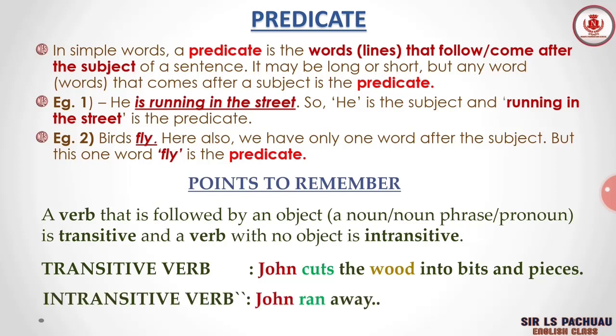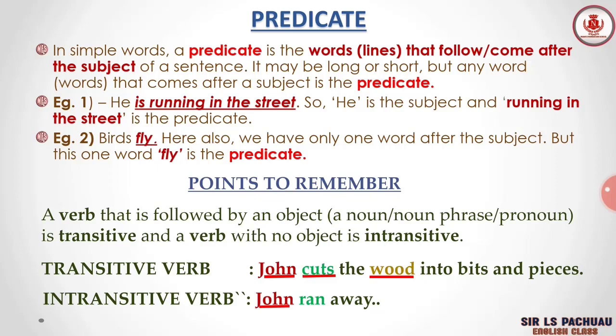Alright. Intransitive verb. John ran away. Where? It doesn't mention here, so we don't have an object. So a verb that doesn't have an object is called an intransitive verb. Alright, we are going to learn transitive and intransitive verbs in detail in the next class, but this is just the introduction. John is the subject, cuts is the verb, and wood is the object.